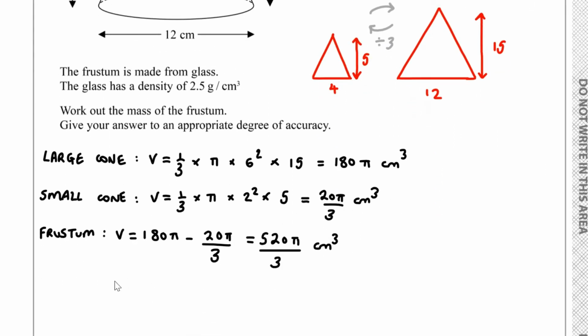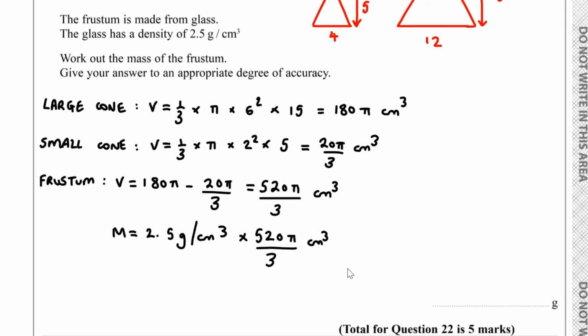So therefore the mass is equal to density, which is 2.5 grams per centimeters cubed, multiplied by the volume, which is 520 pi over 3 centimeters cubed. So if we work this out, we get 1300 pi over 3.